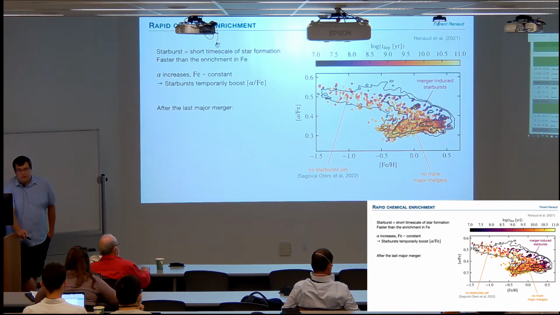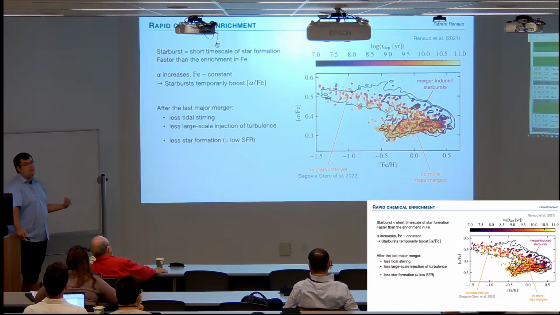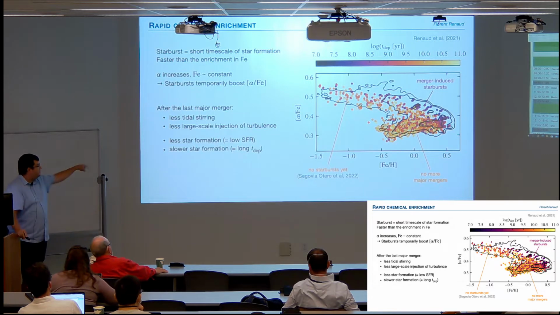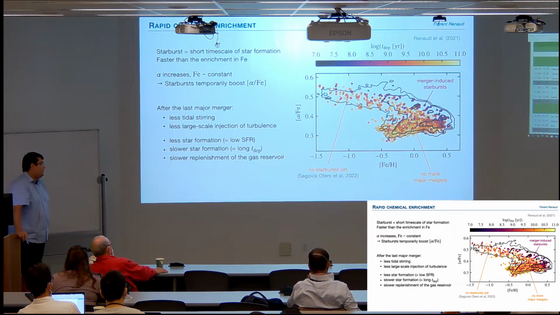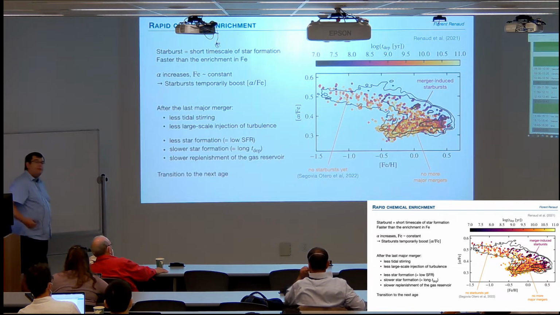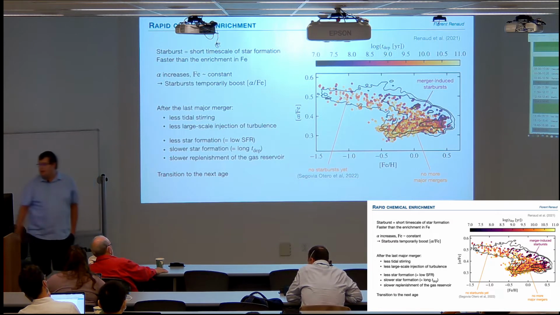So after the last merger, less tidal stirring, less things going on, less large-scale injection of turbulence, which means less star formation, so low star formation rate, slower star formation, long depletion time, these things are not the same, and slower replenishment of your gas reservoir, especially if your galaxy has grown its mass. So that allows the transition to the next stage, the secular evolution, the adulthood of your life.